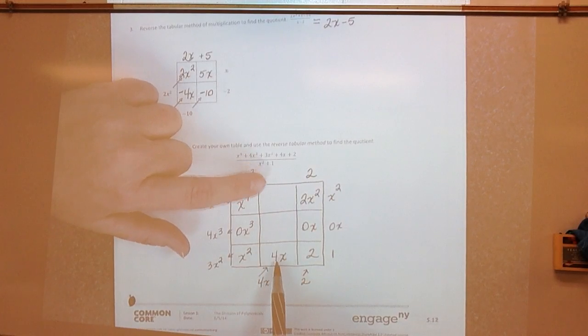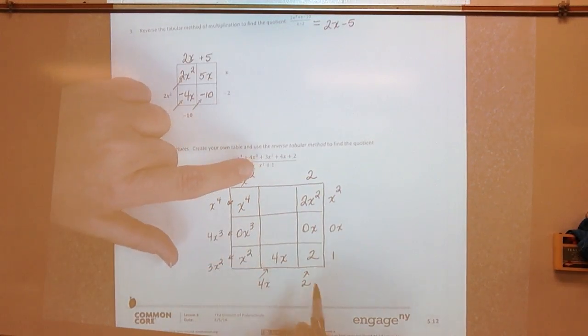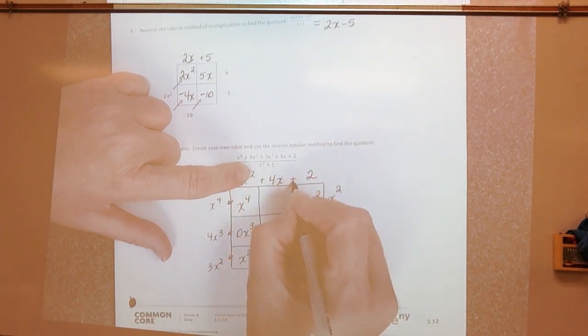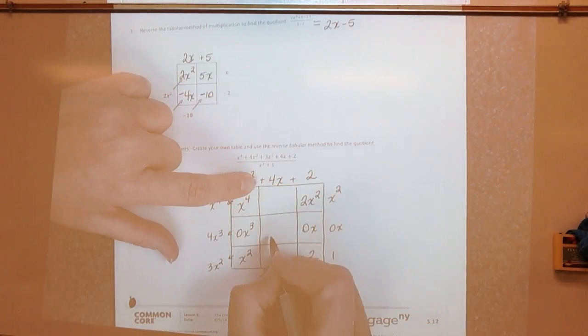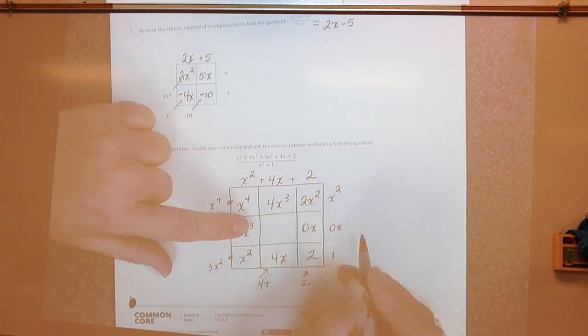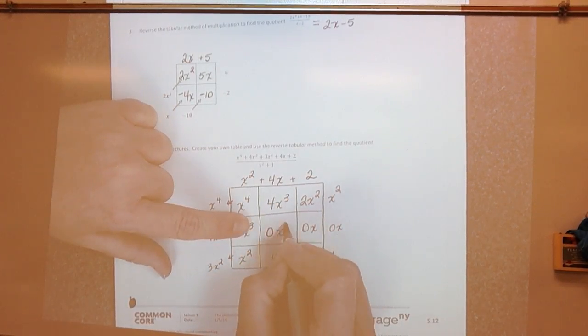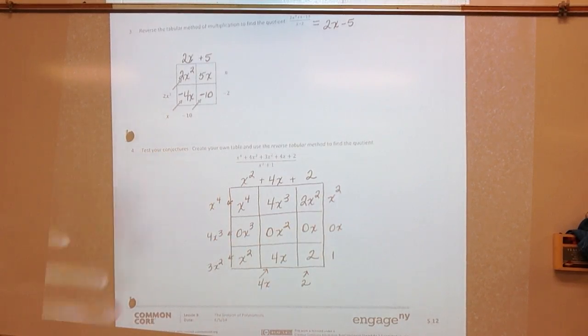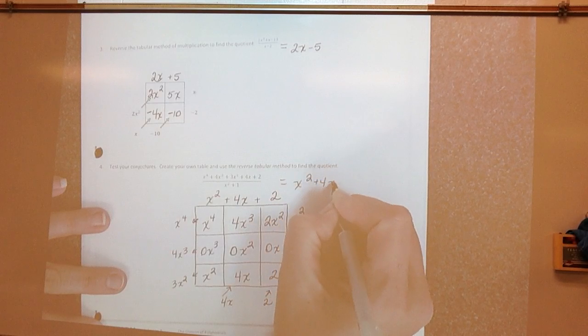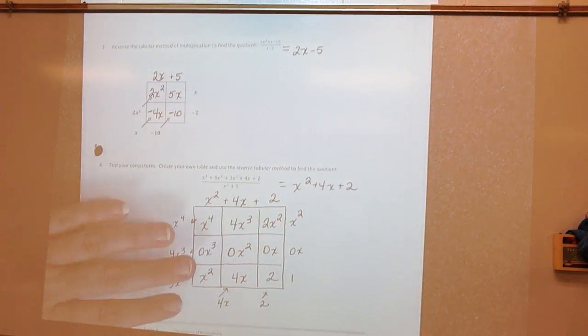So 4x divided by 1 is 4x. And then I can fill in. So I get 4x cubed and 0x squared. So my answer here is x squared plus 4x plus 2.